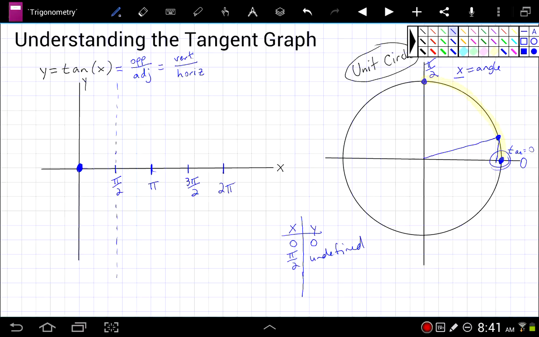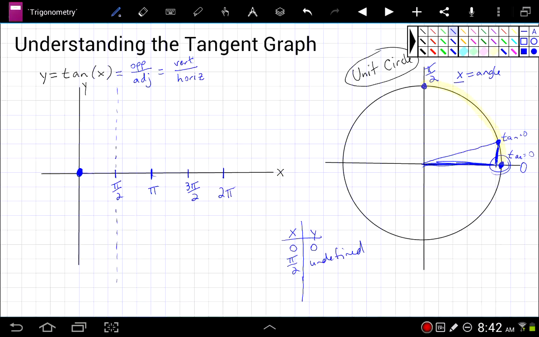Whenever our angle is close to 0, the vertical side is small and the horizontal side is some number close to 1. So we still have a tangent value close to 0 at that point, but it's getting bigger. Okay, so we're starting to come up off of 0 as my angle is getting closer to pi over 2, as I'm moving towards pi over 2.